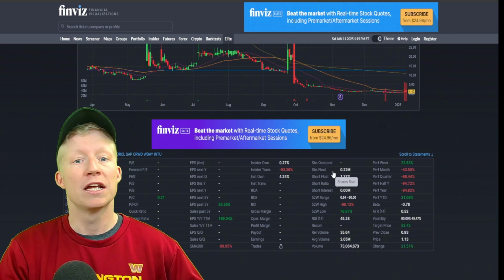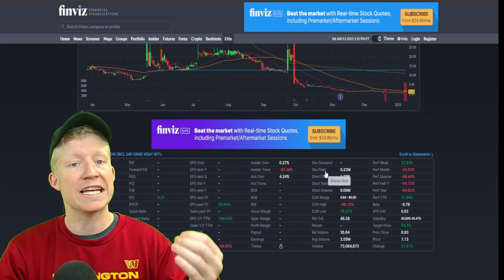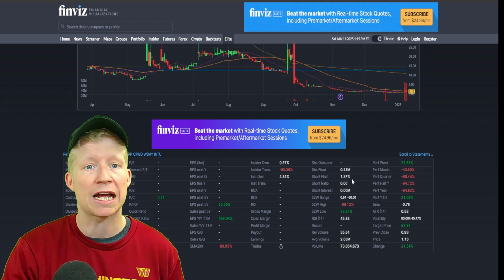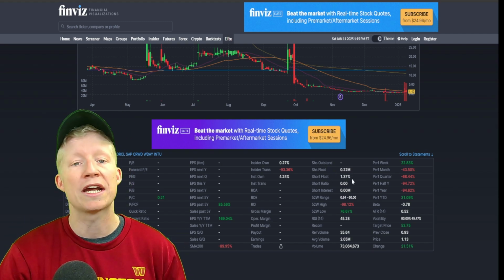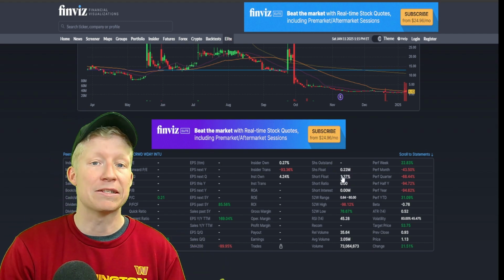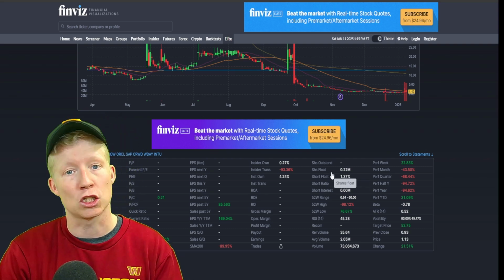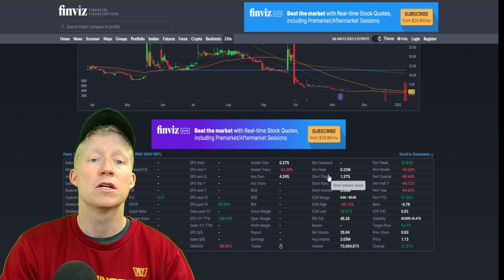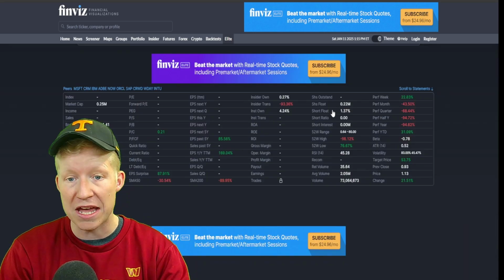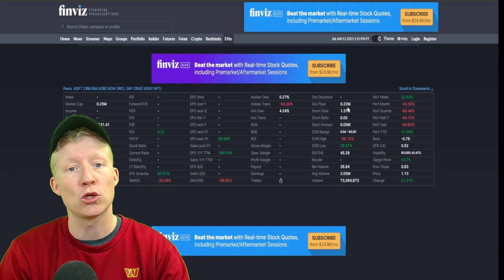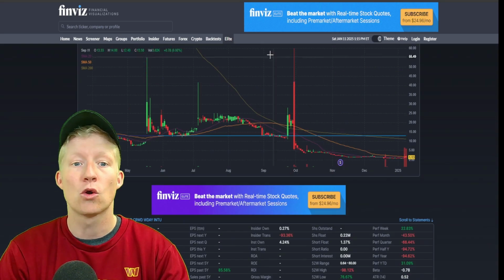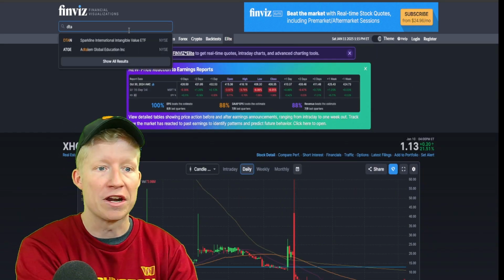Well, in our case here, the float is the supply of the stock and the volume traded on that stock is the demand. So if the float is low, it takes less volume to move said stock. And this stock only has a float of 220,000, which is very, very low.